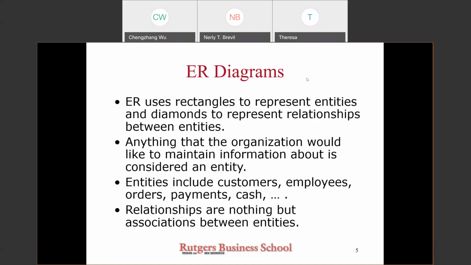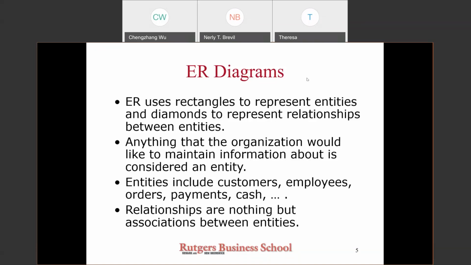So common entities include external parties like customers and vendors, employees within the organizations, or objects such as inventory and cash.